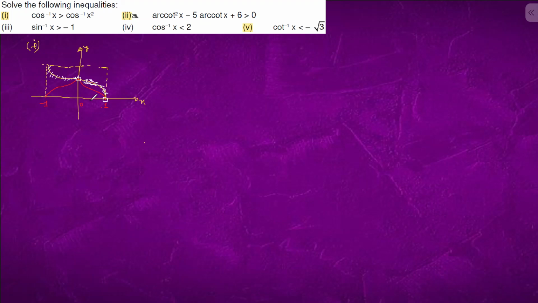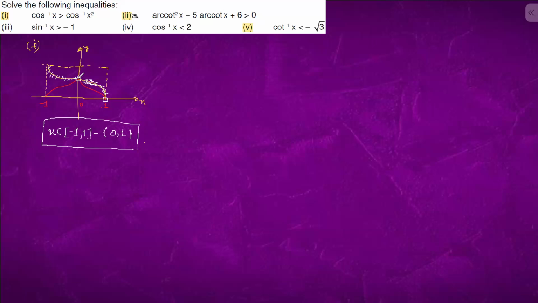Is this correct? So we can have x belongs to -1 to 1, minus 0 and 1. Is this correct? Yes, this is correct.